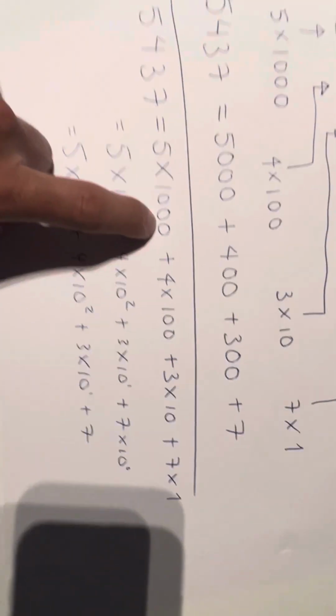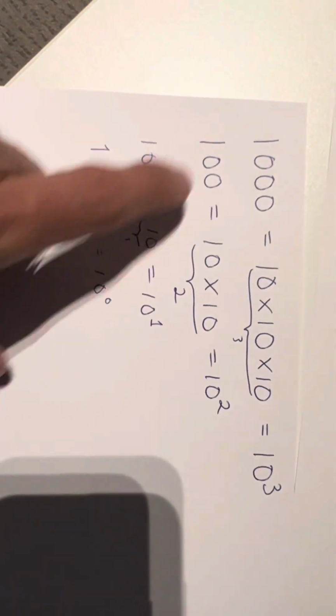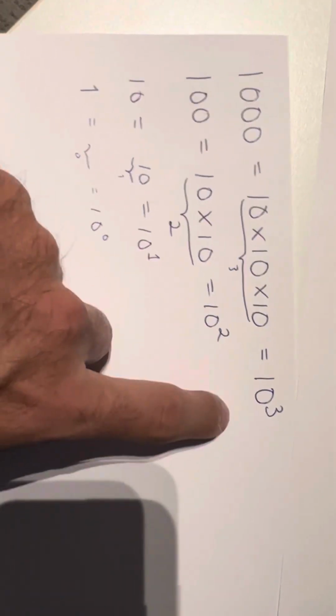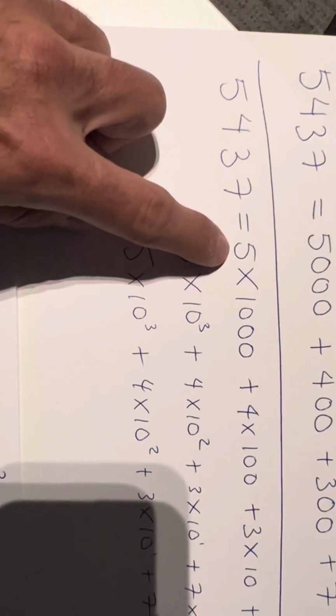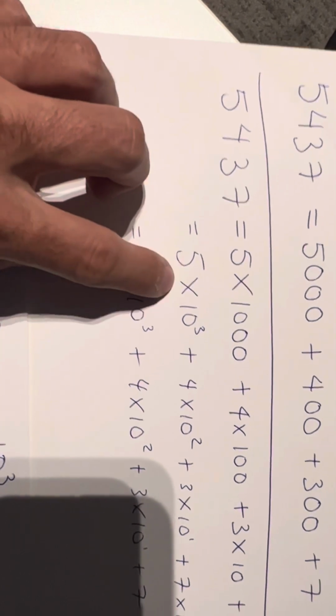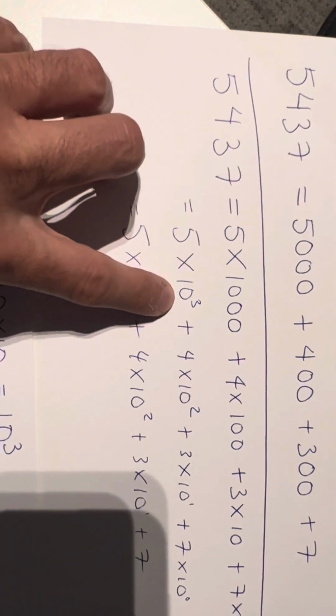But if you want to express it in exponent form, then as we saw here, remember that 1,000 is equal to 10 times 10 times 10. So it's 10 three times. Now you can use this information and say, okay, 5 times 1,000 equals 5 times 10 to the power of 3, right?